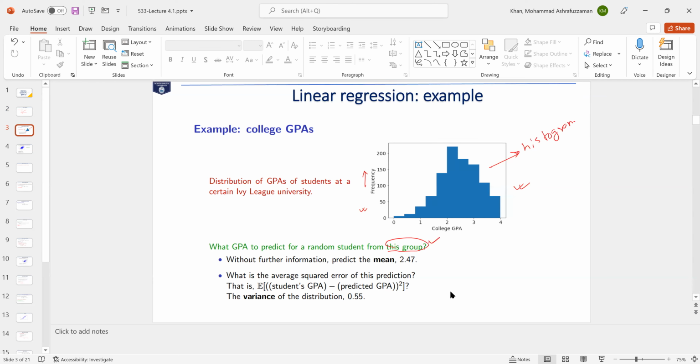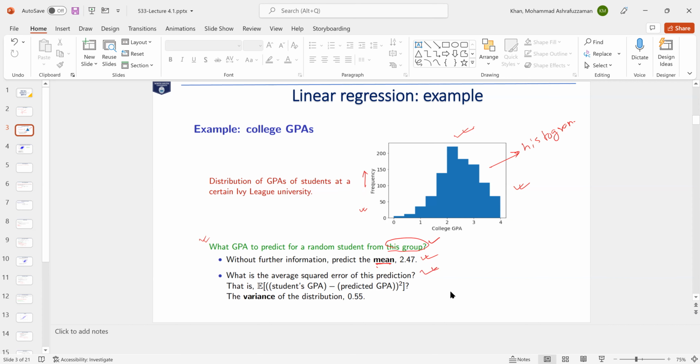Without any more information, our only way to predict is based on the mean value, and in this case the mean is 2.47. We only know about the population, and nothing about a student or their features.